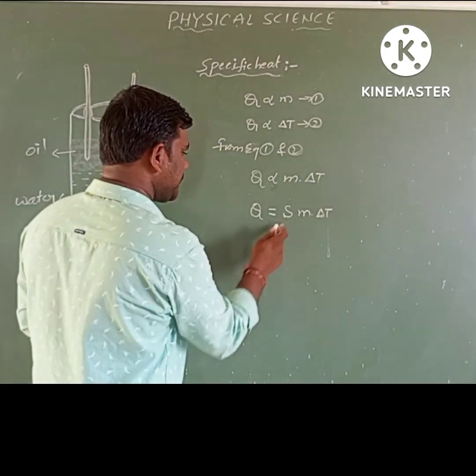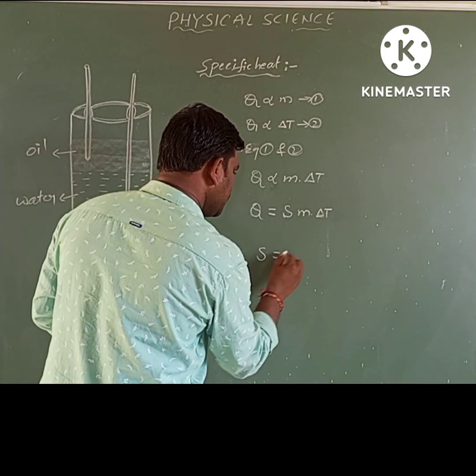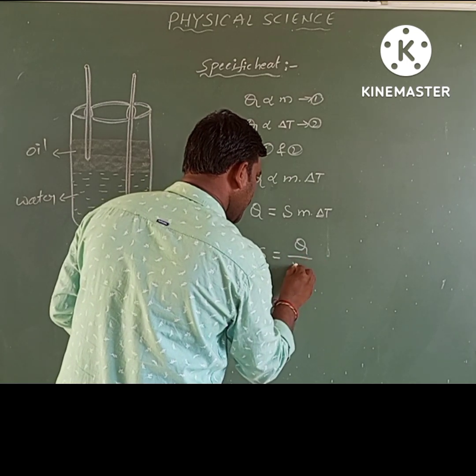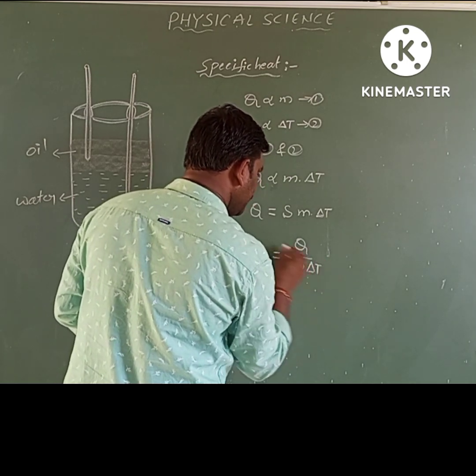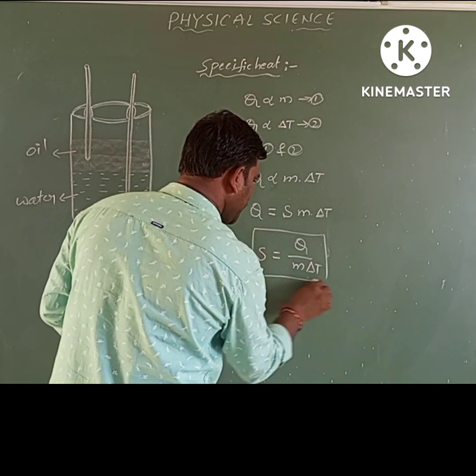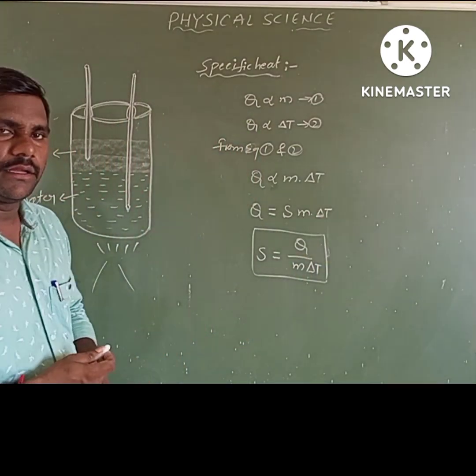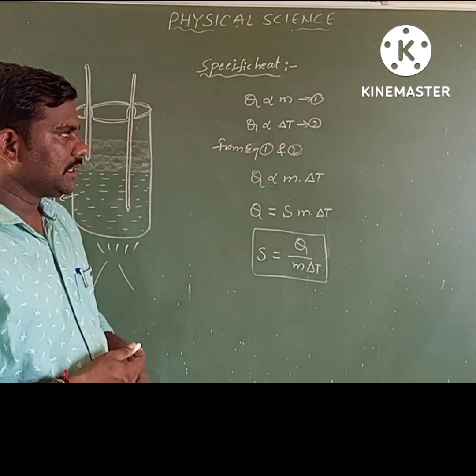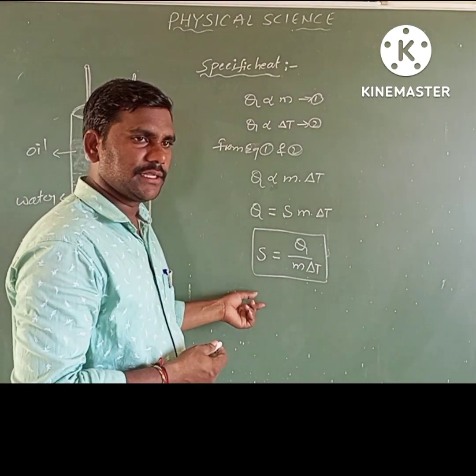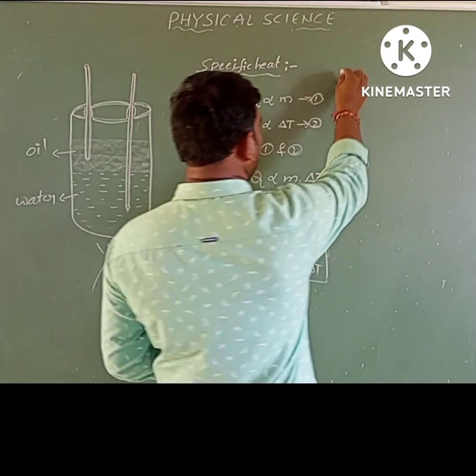So S is equal to Q by M delta T. This is the formula of specific heat.